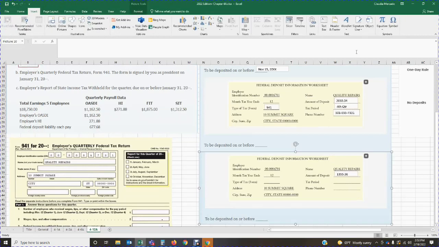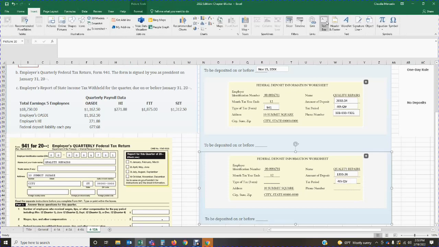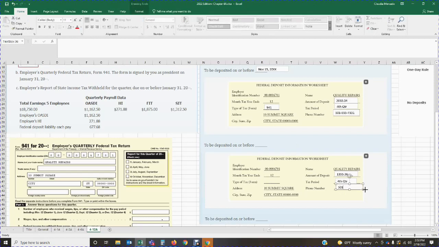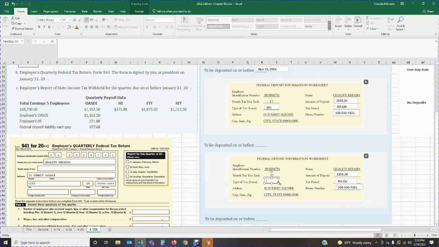The tax period is the 4th quarter. It's the same phone number, 501-555-7331, and the tax form is still Form 941. So all we basically have to really calculate in these forms are the amount of the deposit.